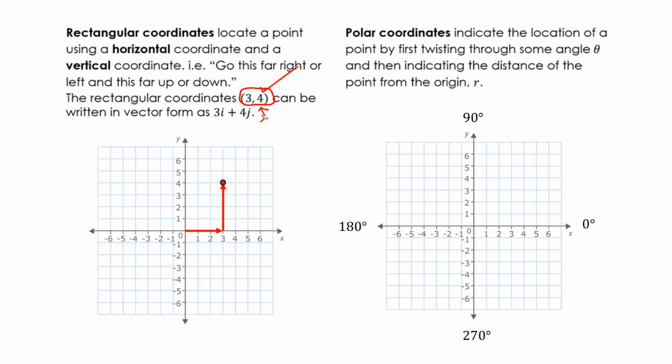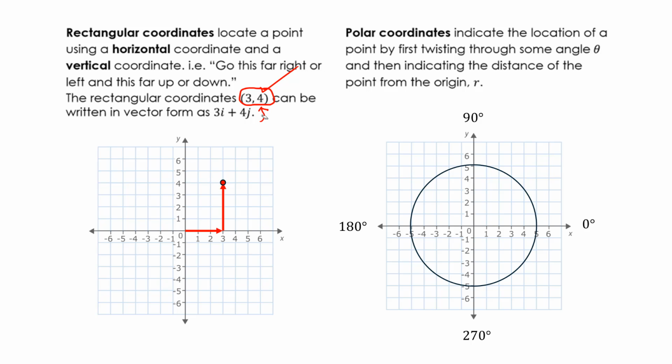Okay, there's another way to talk about how to get to that point. You can do it using polar coordinates. In polar coordinates, you think of the XY plane as a circle you can go around, starting at 0 degrees at the positive side of the x-axis.